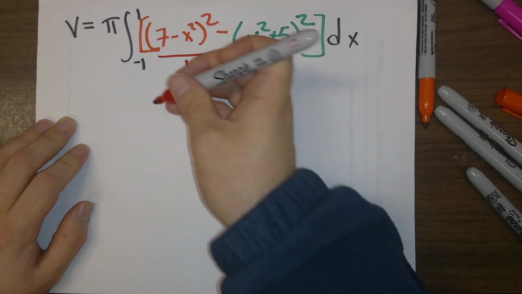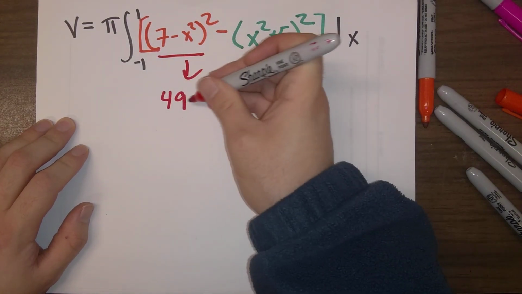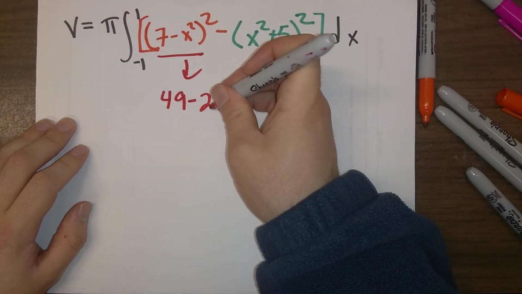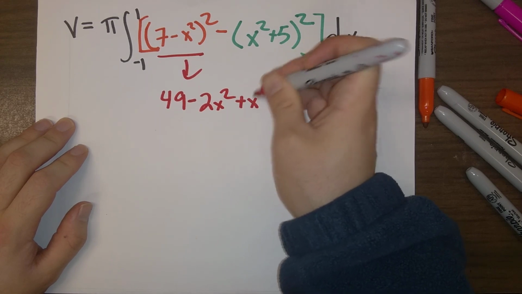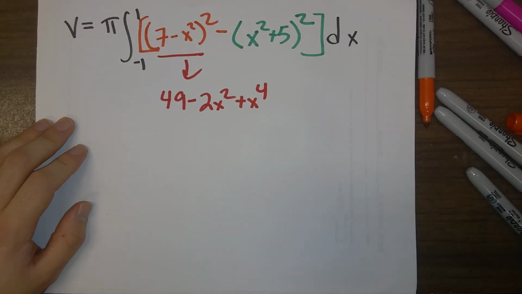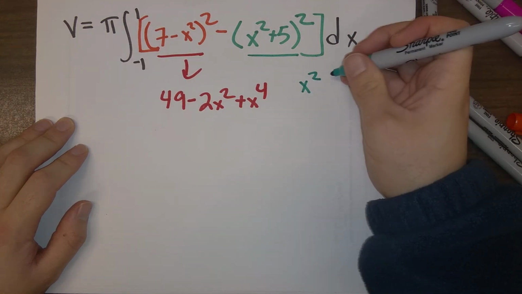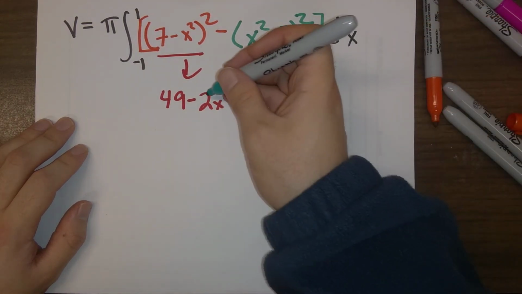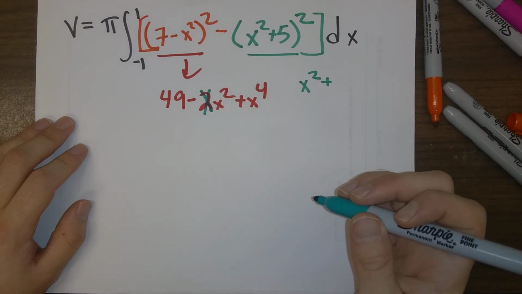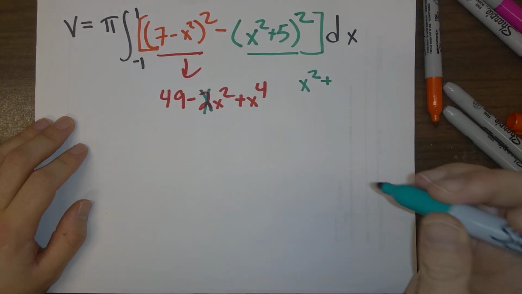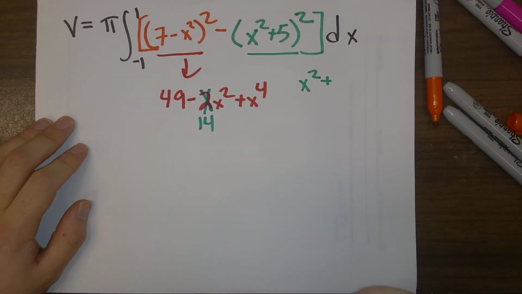This, of course, is going to be 49 minus 14x squared plus x to the fourth. Oh, that's not a 2x squared, that is going to be a 14x squared.